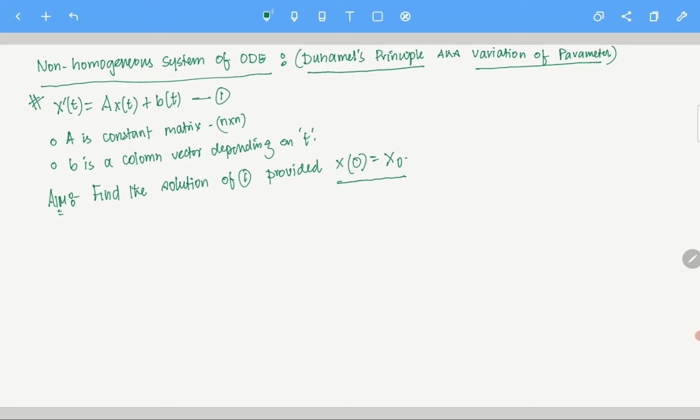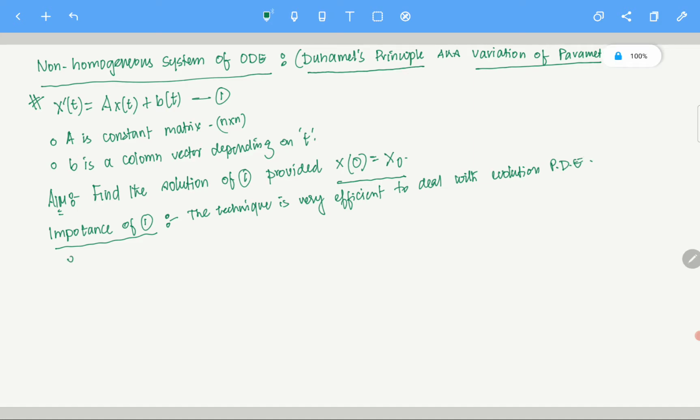Why I want you to understand this properly is the importance of 1. Why is 1 so important? Because the technique which I am going to do here is very efficient to deal with PDEs also, with evolution partial differential equations.